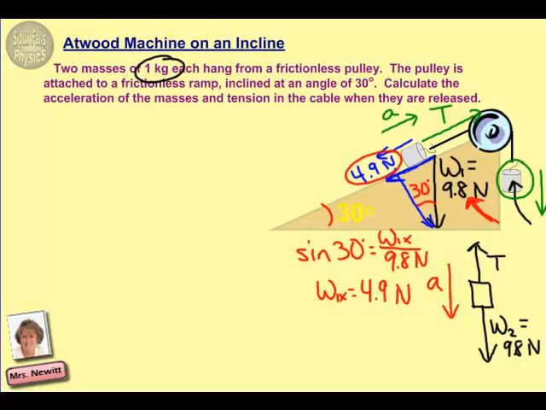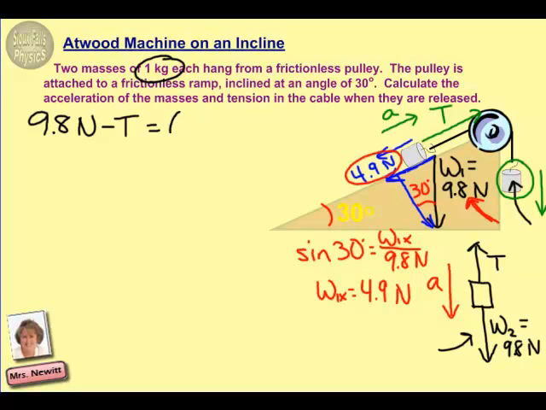We'll start with object number 2, that's over here. And again, if we're going to assume that it's going downwards, then its weight needs to be greater than its tension. And so to describe the net force, we would say 9.8 newtons minus tension. That would give us the net force. So that's going to give us the extra that's causing it to accelerate. That is equal to mass times acceleration.